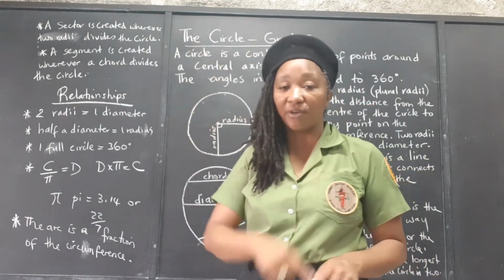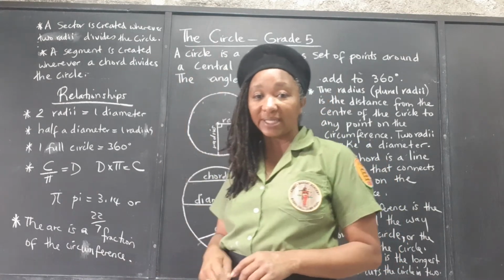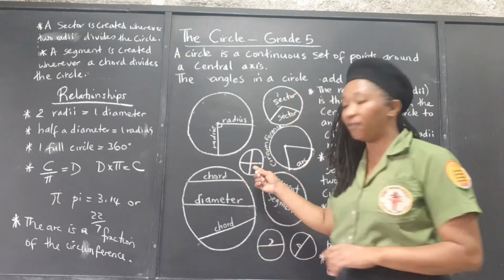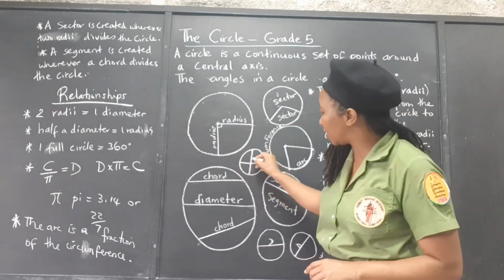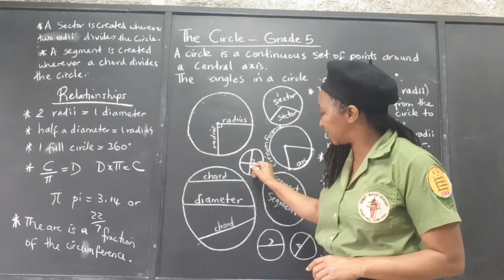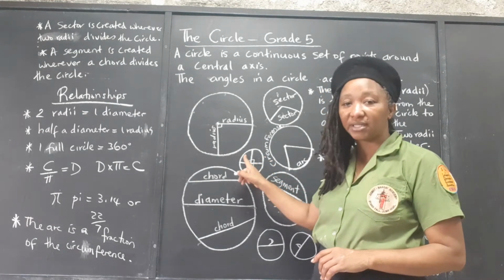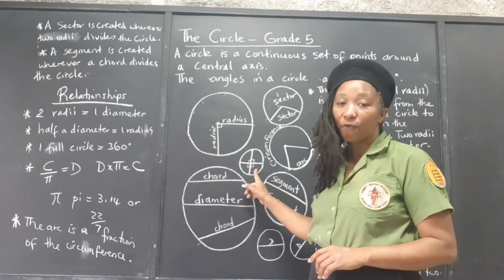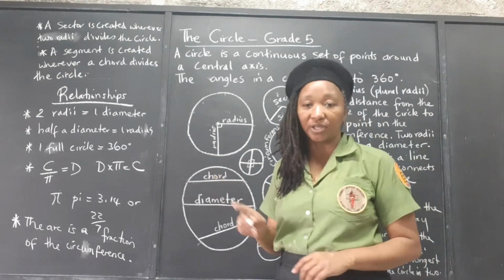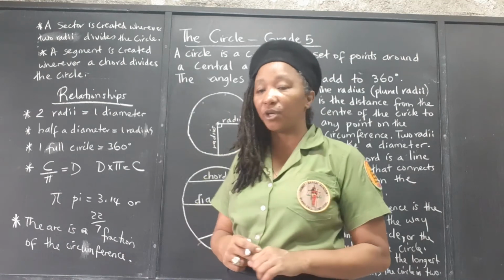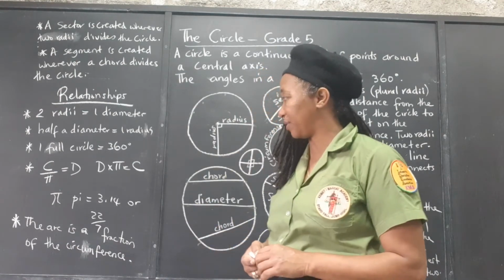A complete revolution around the central axis. I remember the 4 quadrants, so each quadrant is 90 degrees. First quadrant, second quadrant, third quadrant, 4 quadrants in a circle. Each 90 degrees. 4 times 90 gives a full 360 degrees.